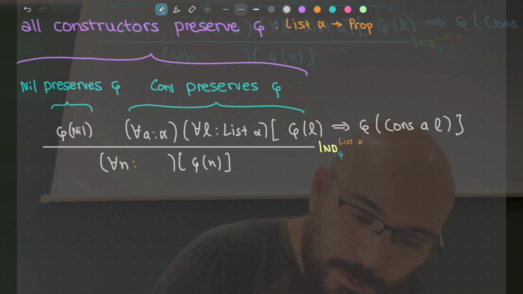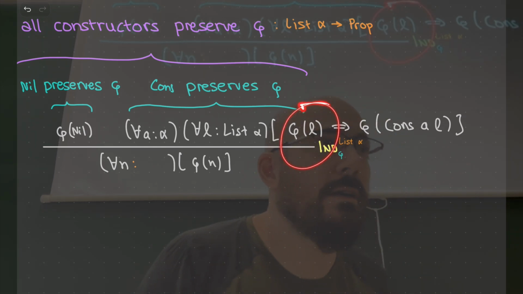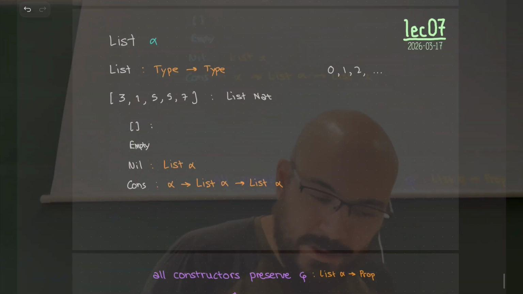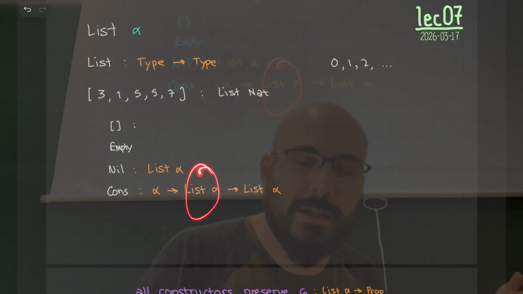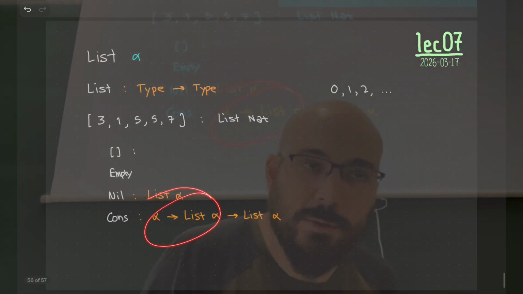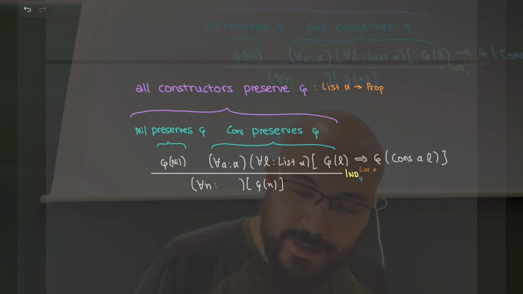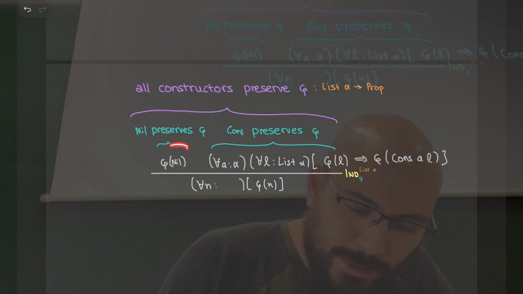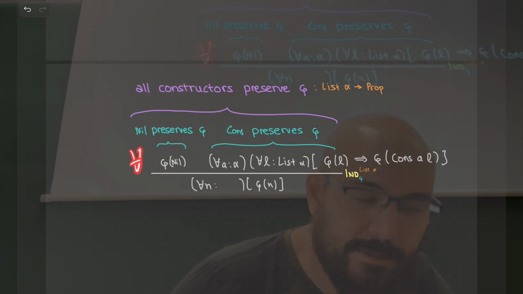So, why do I have one thing here? It's because there's only one recursive argument. Why do I have two quantifiers? It's because there are two arguments here, regardless of whether they are recursive or not. And what about this thing here? How many for alls do I have here?